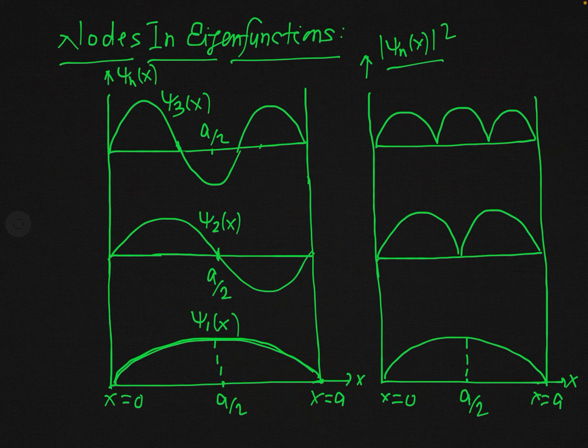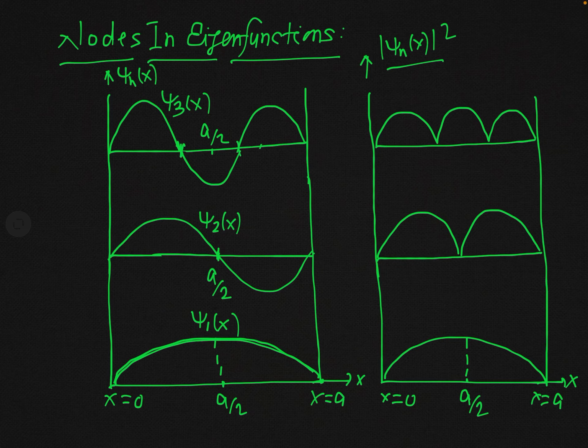But in second excited state, you can see the eigenfunction is 0 at 2 points between x equal to 0 and x equal to a. So there are 2 nodes between x equal to 0 and x equal to a in the second excited state.